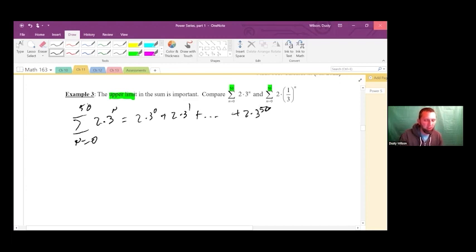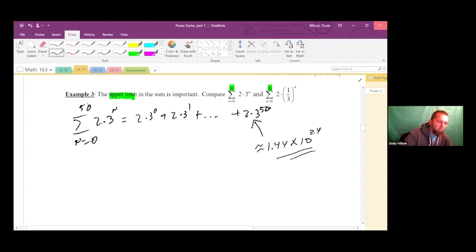Oh, this is a really big number. According to my calculator, it's about 1.44 times 10 to the 24th power. That's a heck of a big number.